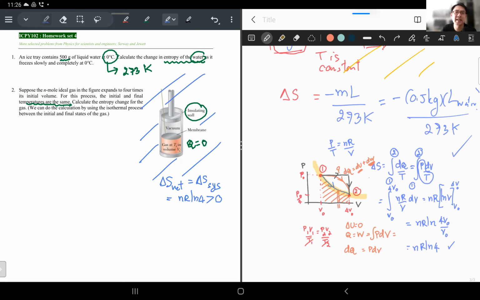That's easier than submitting JPEGs or photos, which I would have to collect and put into a single file. That would take a lot of time and maybe cause some mistakes. So just combine them into a single file. That's all I'm asking. You can type it, write it, scan it, whatever you like.